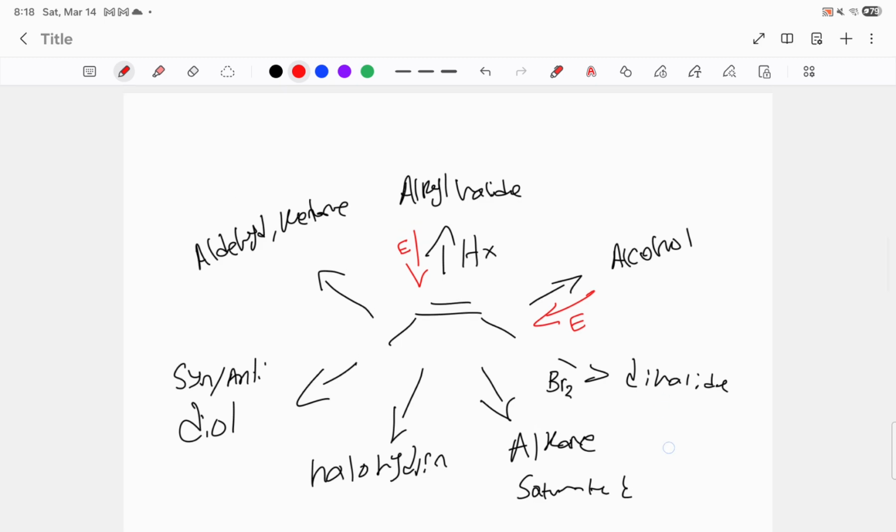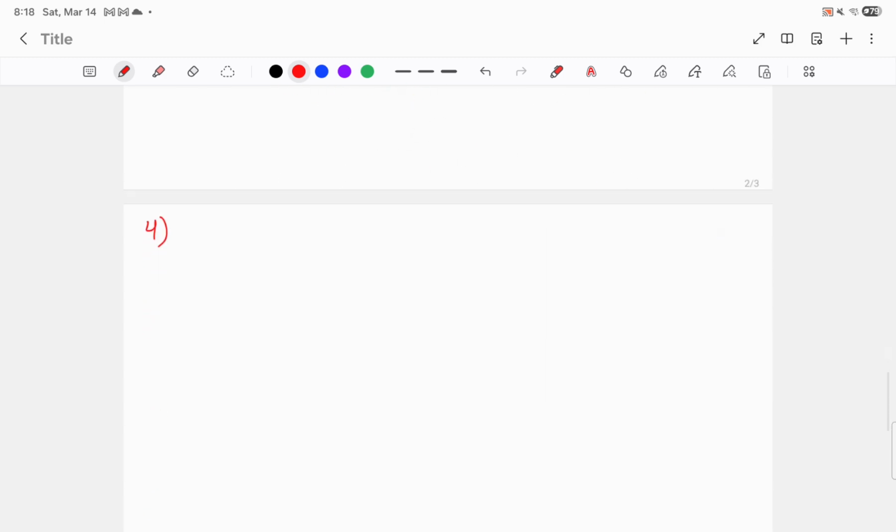So how do we go about making a dihalide from an alkene? That's by a process known as halogenation. Okay, so halogenation of an alkene, or in other words, addition of X2, is extremely useful to us here because, well, you'll see what I mean.